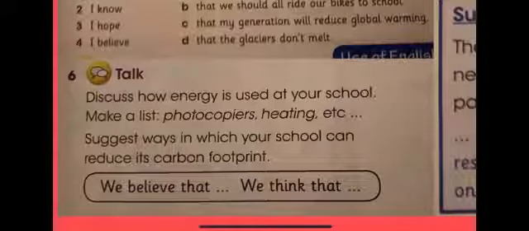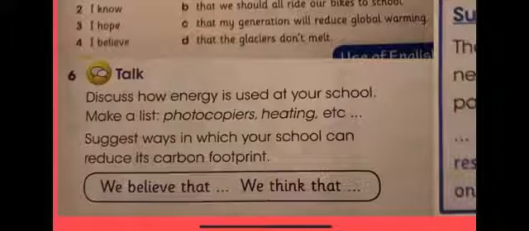First of all, make a list of how your school is using energy, with things like photocopiers, heating, fans, and all these things. Then give suggestions about reducing carbon footprint in school.